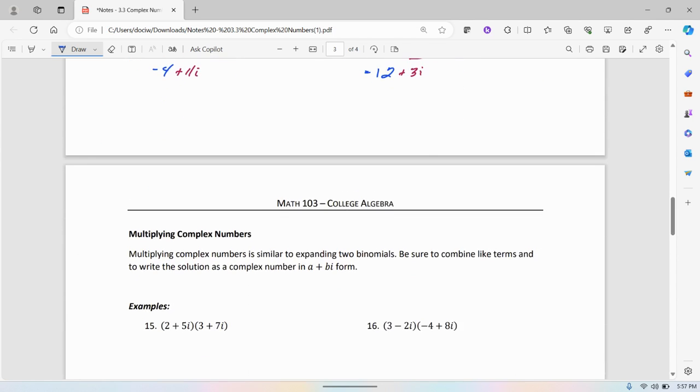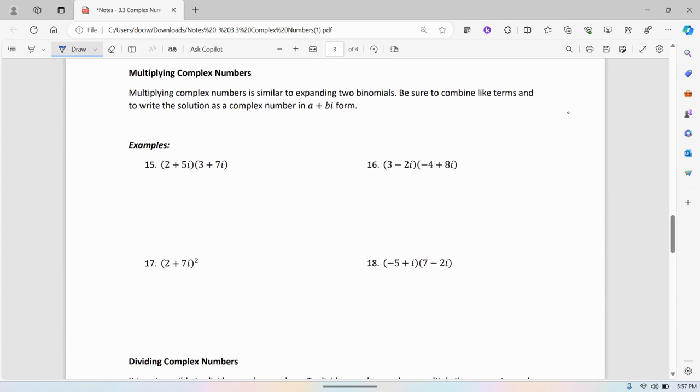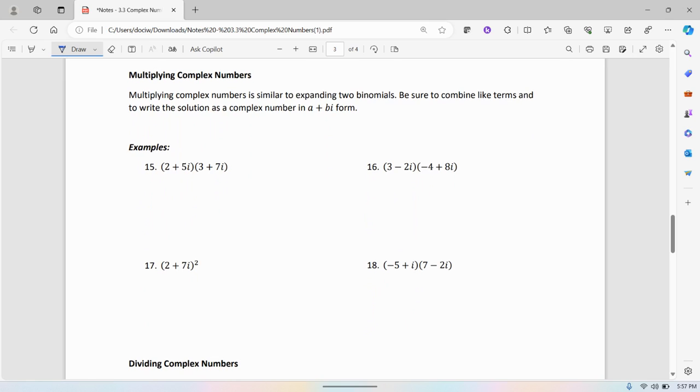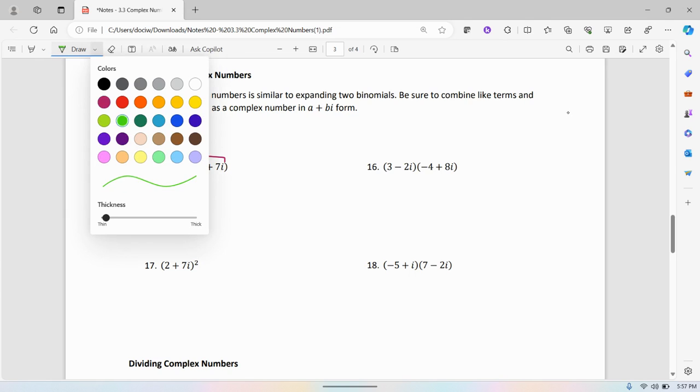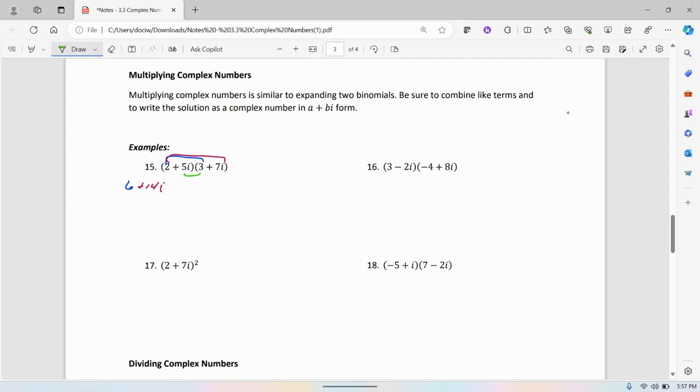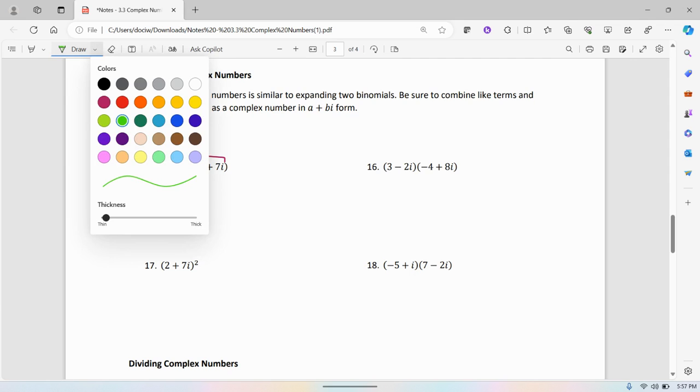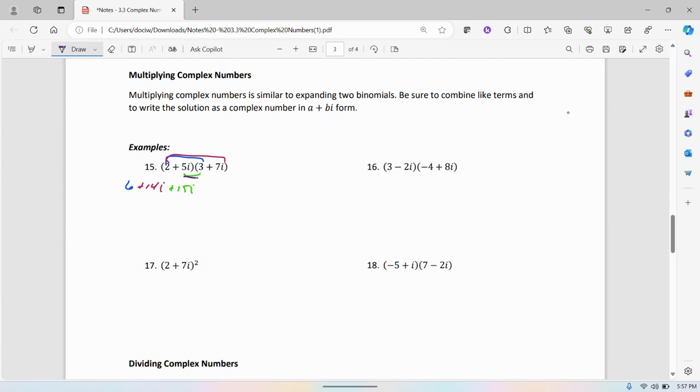So if I can add complex numbers and subtract complex numbers, I should be able to multiply complex numbers. You expand. Okay. 2 times 3 is 6. 2 times 7i is 14i. 5i times 3 is 15i. 5i times 7i is 35i squared.